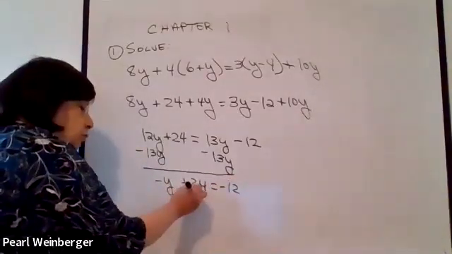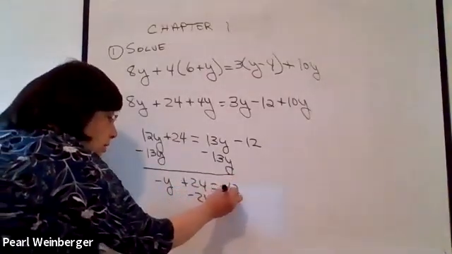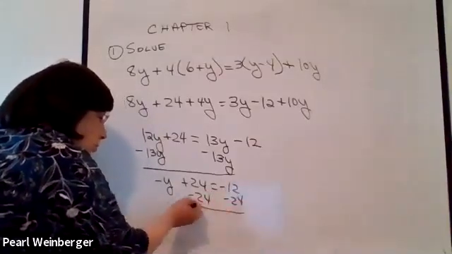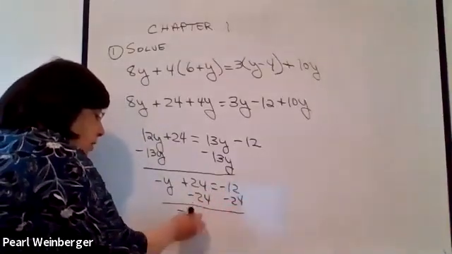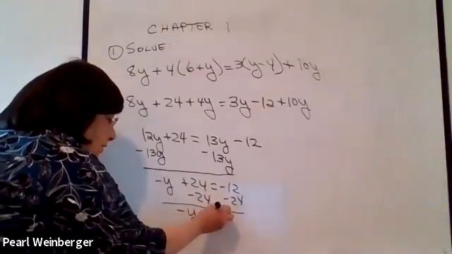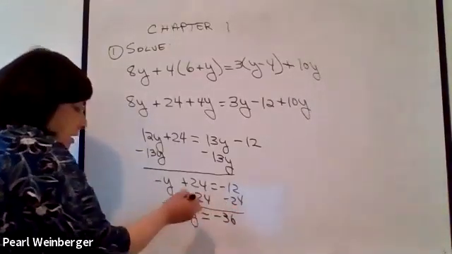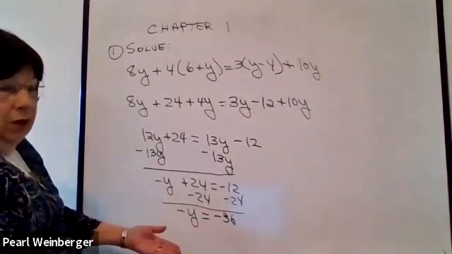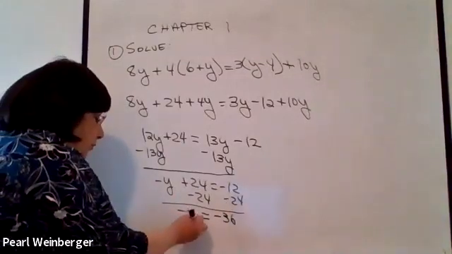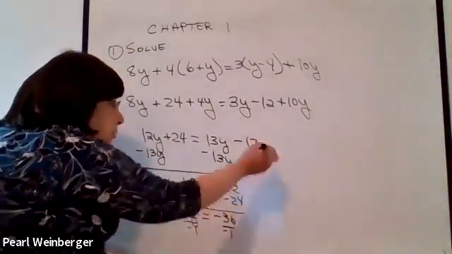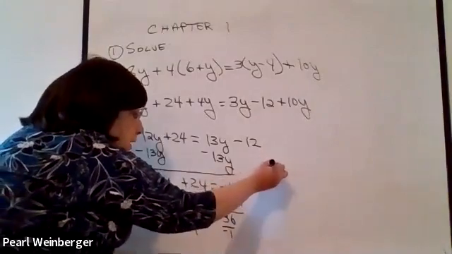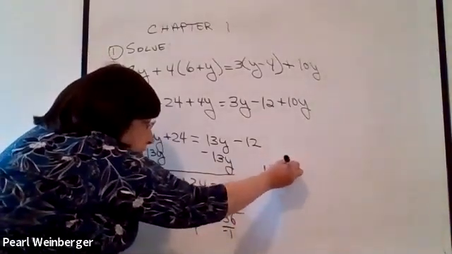So now I have to bring the 24 to the other side, and I get -y equals -36. Of course, I don't want -y, I want y, so I'm going to divide by -1 on both sides. So my final answer is y equals 36.